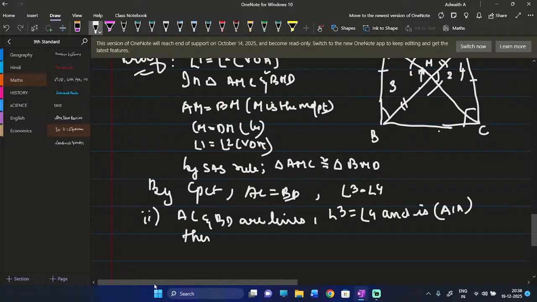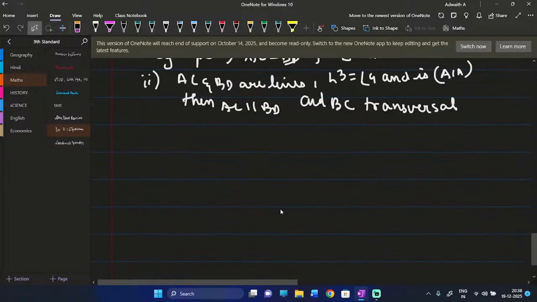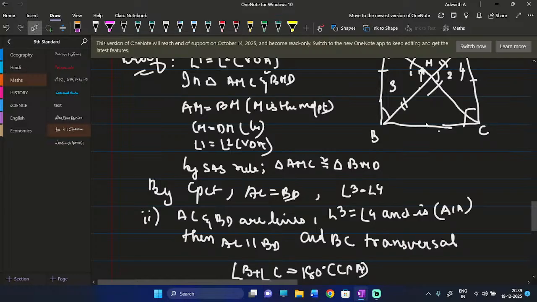Then AC is parallel to BD and BC is the transversal. Angle B plus angle C is equal to 180 degrees by co-interior angles. See, if AC is parallel to BD and BC is the transversal, you can just extend this if you want.